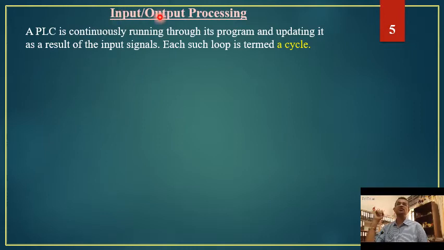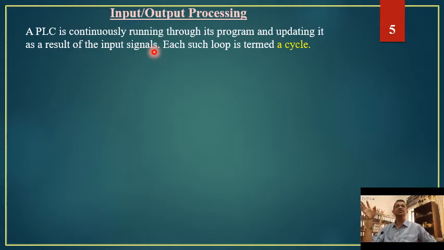The next one, coming to input output processing. A PLC is continuously running through its program and updating it as a result of the input signals. Now, of course, the PLC is connected to input devices, and many a time these input devices, let us say, is a sensor.